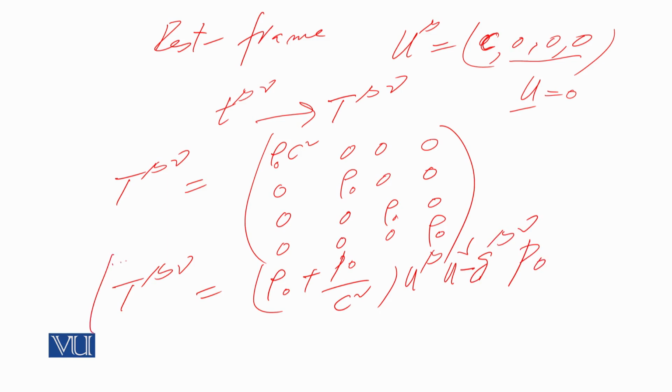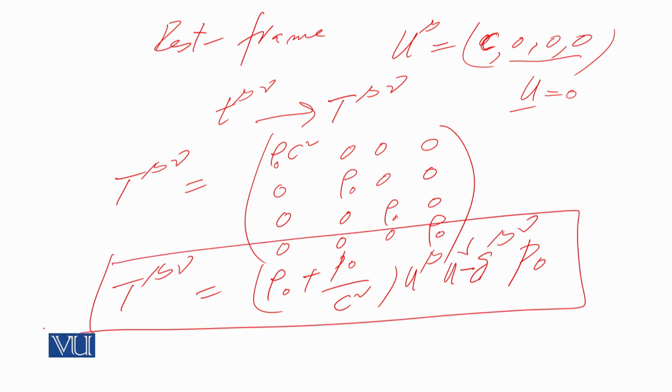So, this expression is called the energy-momentum tensor of a perfect fluid. Here obviously P is the pressure, rho is the density, u is the 4-velocity, and g is the metric tensor.